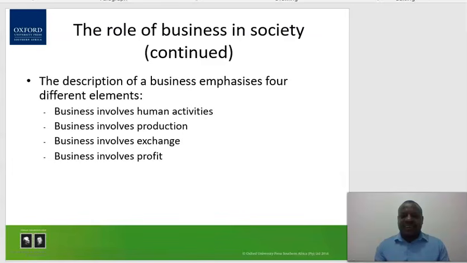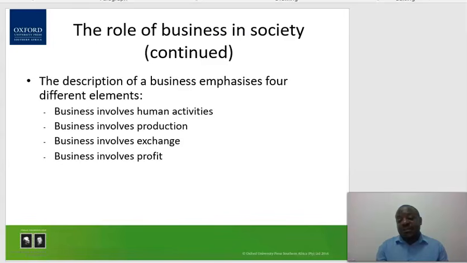I understand that nowadays, especially now that we are talking of the fourth industrial revolution, some people may argue that very soon businesses will be able to operate without people. They may be using technology and machines, and people may be eliminated from the production processes of businesses.